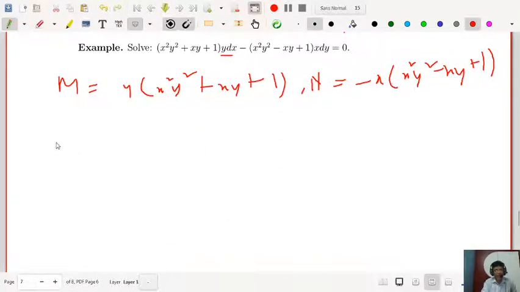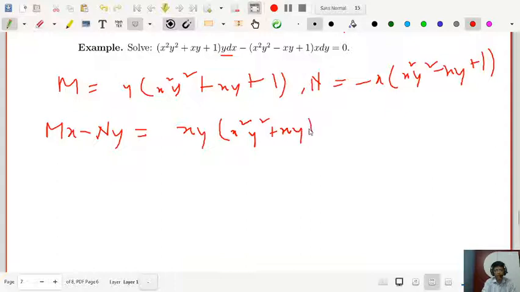So again you first calculate Mx minus Ny. So xy common, and you will get Mx minus Ny is x square y square plus xy plus 1 minus, plus x square y square minus xy plus 1.